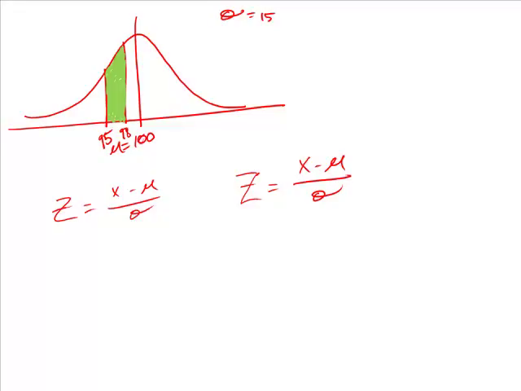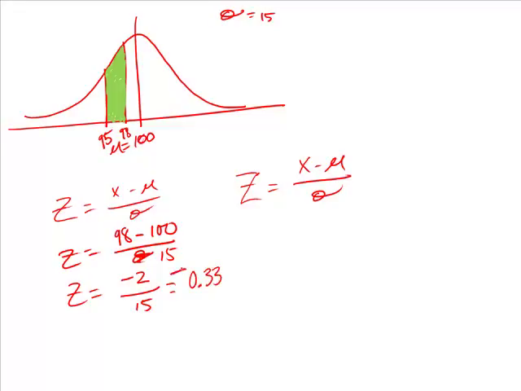A particular reason you chose 98 first? How do I do that? Z is 98 minus 100 divided by sigma, which was 15 still. Z equals -2 divided by 15. That equals -0.13.